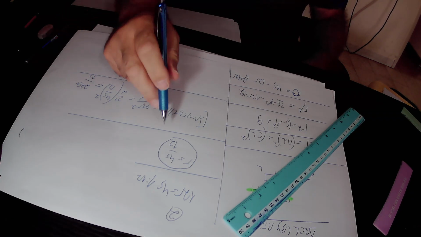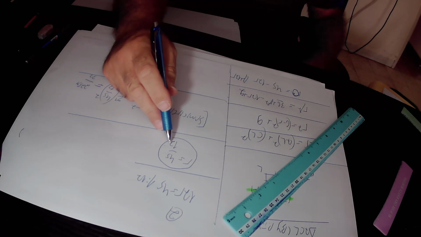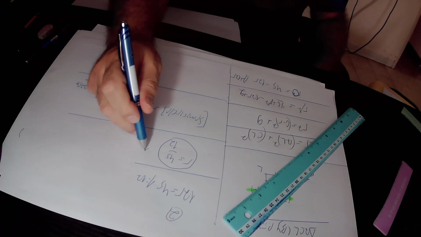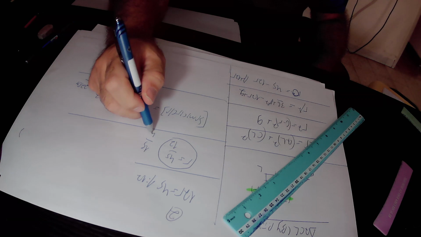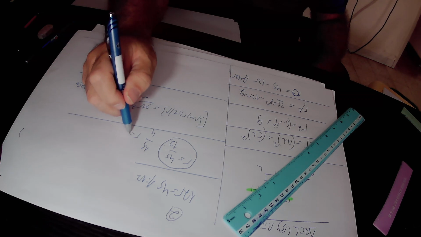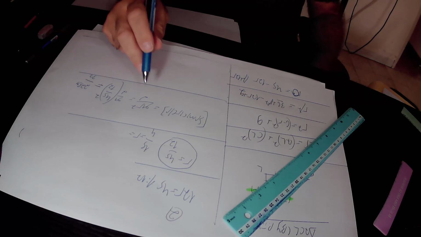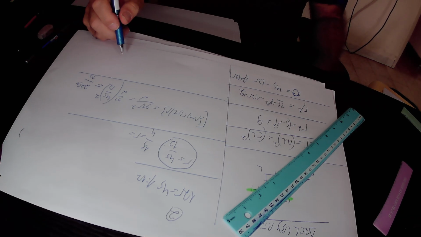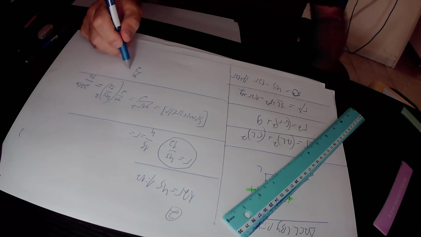Actually, here we can divide both the numerator and the denominator by 3, and we get that 45 over 3 is 15, and 12 over 3 is 4. So in total, r equals 15 over 4. And again, the area of the semicircle equals pi over 2 times r squared.